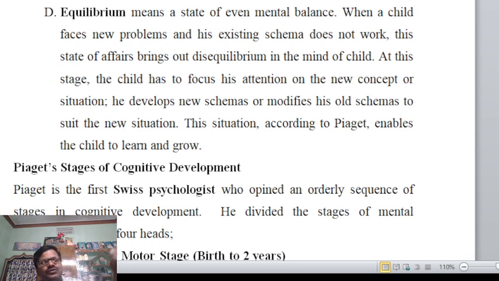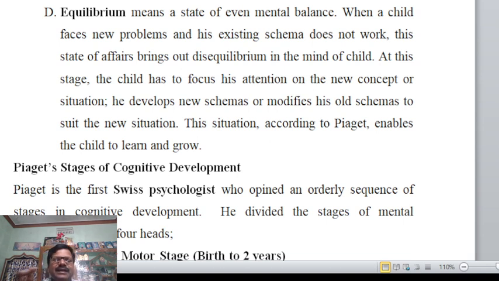There is a new situation or a new problem or a new concept, and the child is unable to assimilate or accommodate. So at that time, what will happen? Disequilibrium in the mind will be created. At this stage, the child has to focus his attention on the new concept or situation, and he develops a new schema or modifies his old schema to suit the new situation.